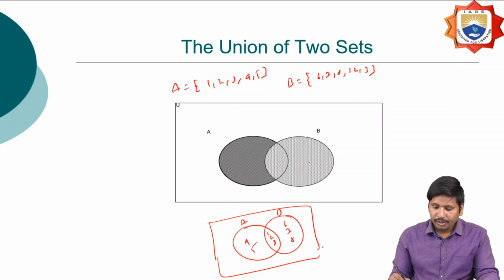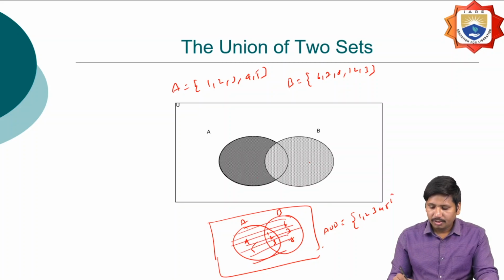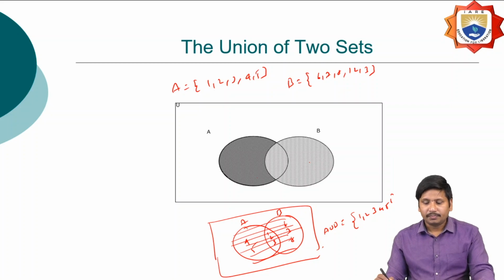A union B means all the elements of the sets, so 1, 2, 3, 4, 5, 6 and so on. All these elements are present in the set A union B.